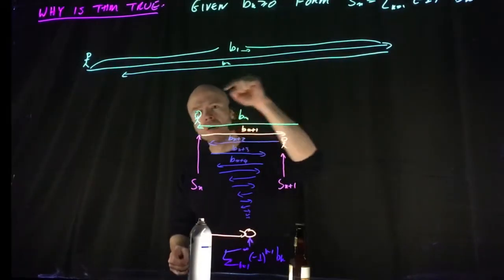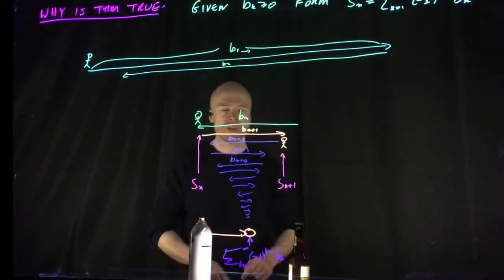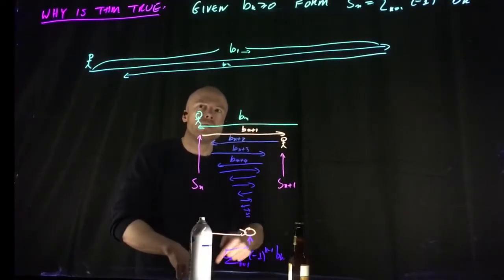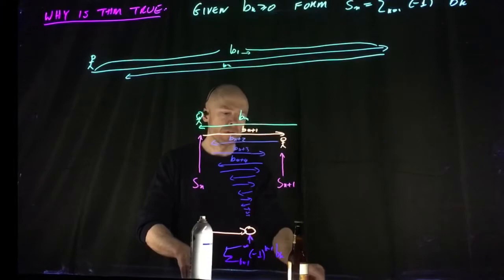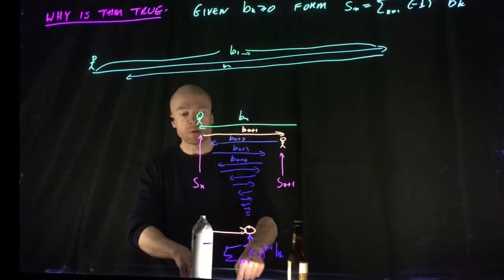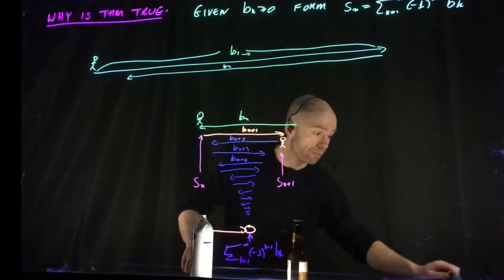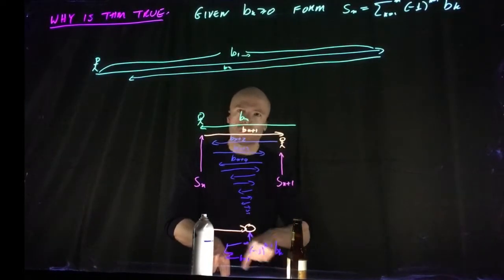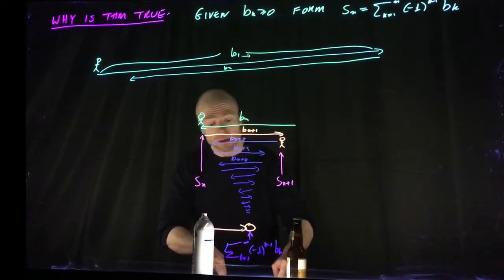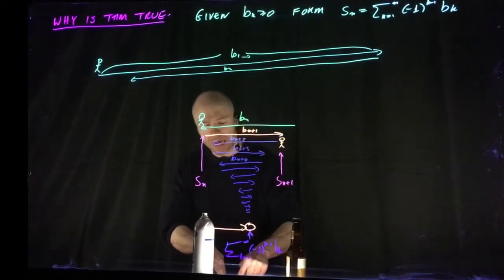On the nth step, we end up here. Okay? Then we take a step forward by step size b_(n+1). We end up right here. Okay? And then we go backwards, but we don't end up going as far backwards as where we were before. So we're somewhere here. And then we take a step forwards, and we don't go as far forwards as we were before. Then step backwards, then step forwards, then step backwards, then step forwards.